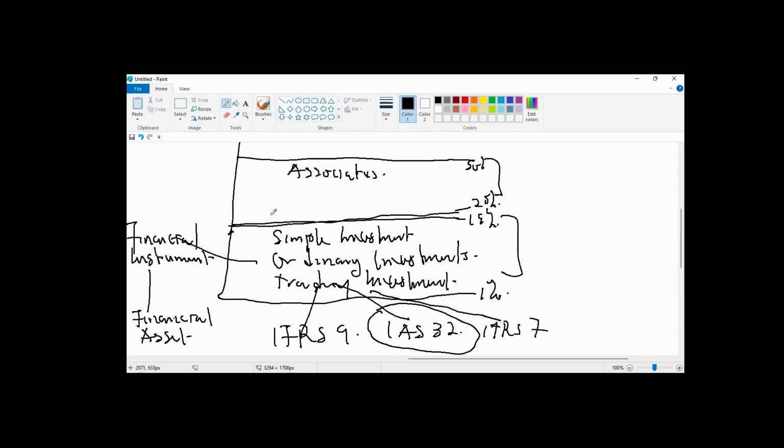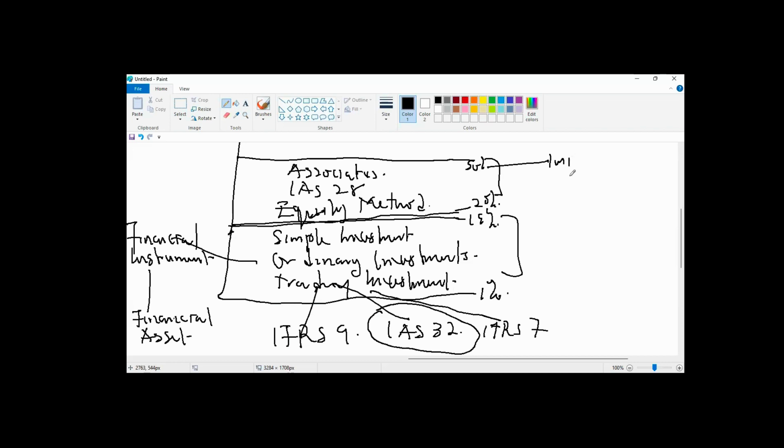And I will account for associates using IAS 28, equity method. This is it. Equity method. What are those things I need to know when it comes to associates? There are 5 things.